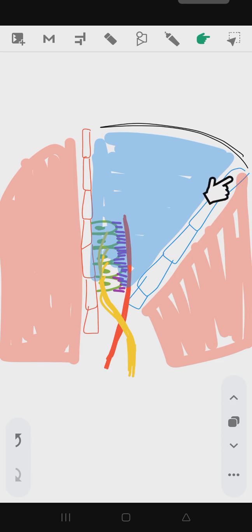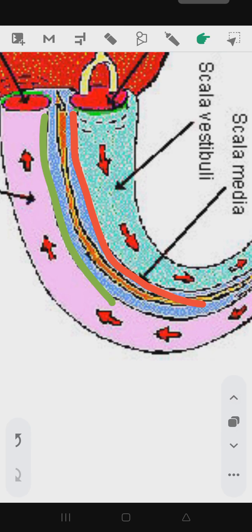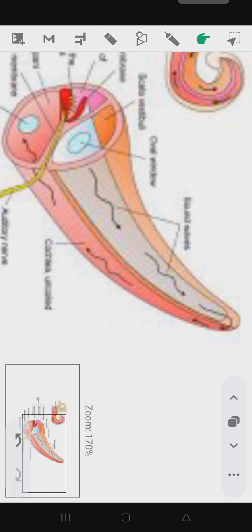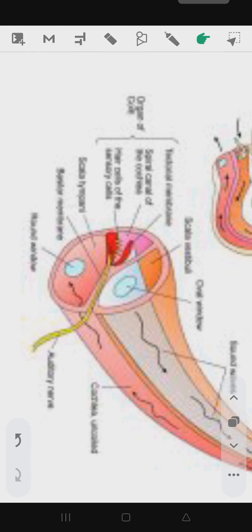This membrane which is separating the scala vestibuli from the scala media is known as which membrane? Reissner's membrane. And this membrane separating the scala media from the scala tympani is known as the basilar membrane because it is present at the base. Going back a little to understand, it is not a very clear diagram.